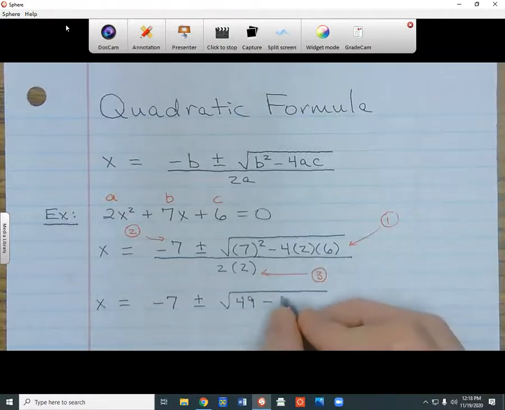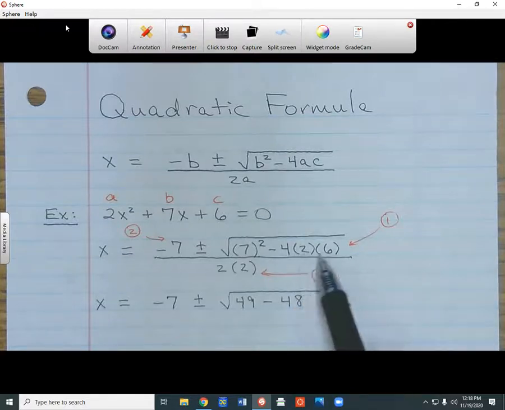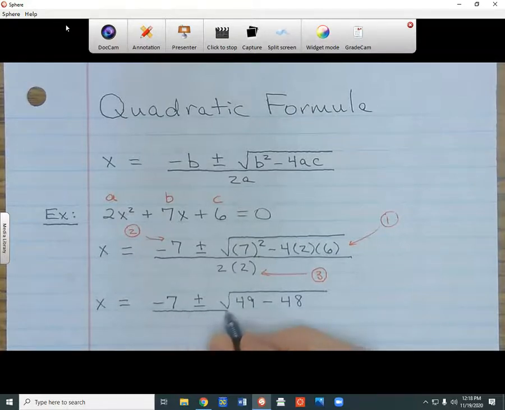So I multiplied these three numbers together, and I got 48. And then at the bottom, I still have 2 times 2, but we know that that's actually equal to 4. So I can put a 4 at the bottom.